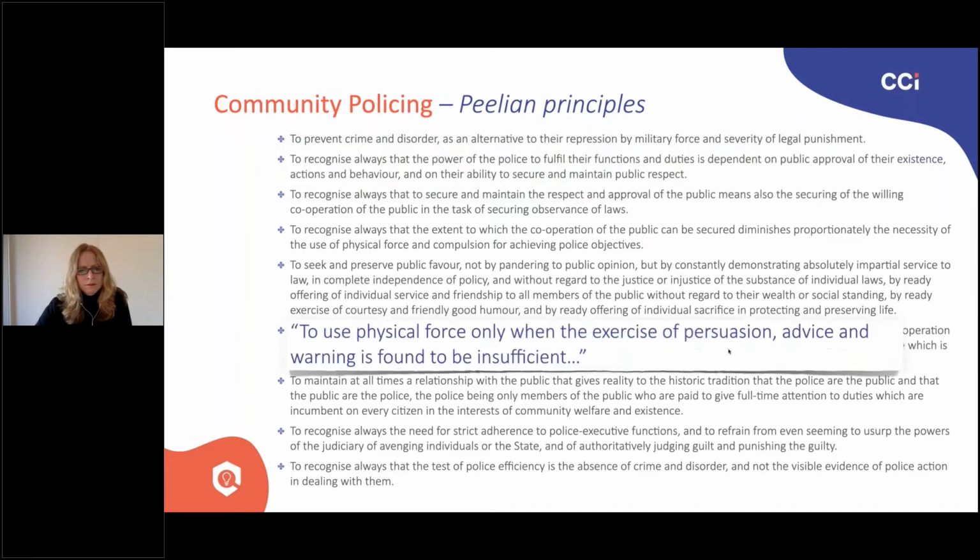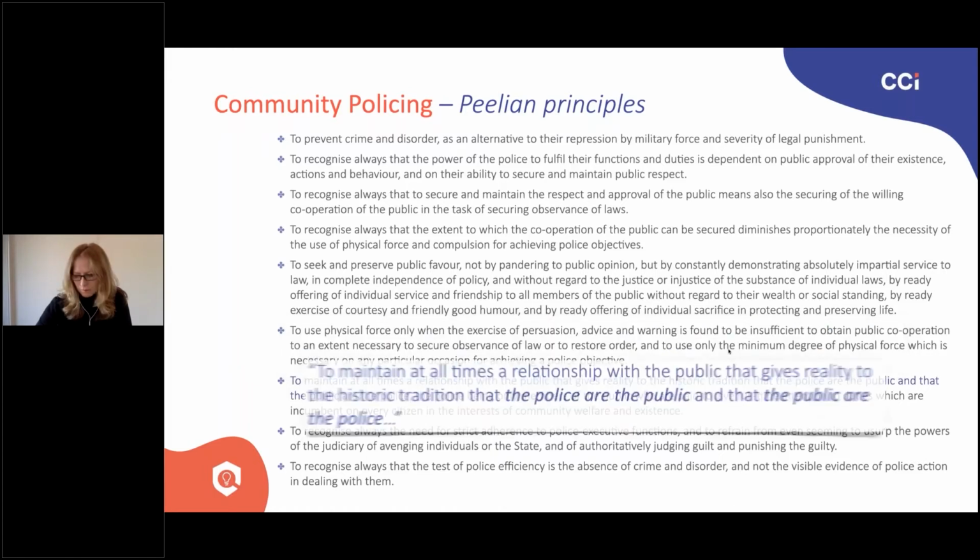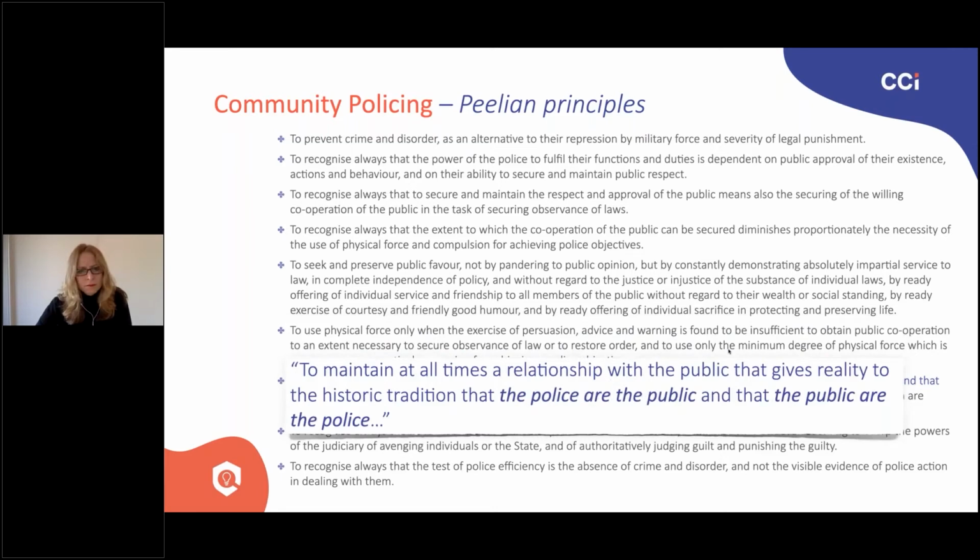Another one is to use physical force only when the exercise of persuasion, advice, and warning is found to be insufficient. So it's about officers having interpersonal skills, being able to deal with people, and not about resorting to just force. To maintain at all times a relationship with the public that gives reality to the historic tradition that the police are the public and that the public are the police.